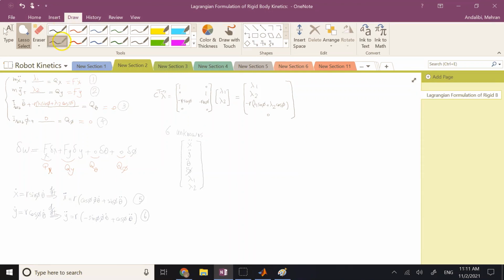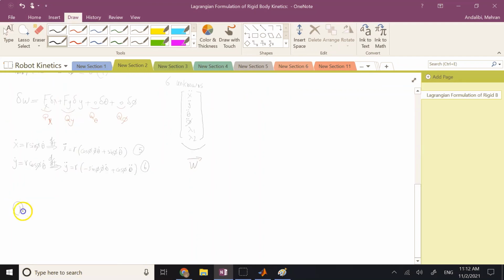So clearly these equations are linear in terms of the double dot. So if you call this vector z, whatever you want to call it, vector w, then you can write equations 1 to 6 into a matrix format where the 6 by 6 matrix is multiplied by w, and that gives you a right-hand side.